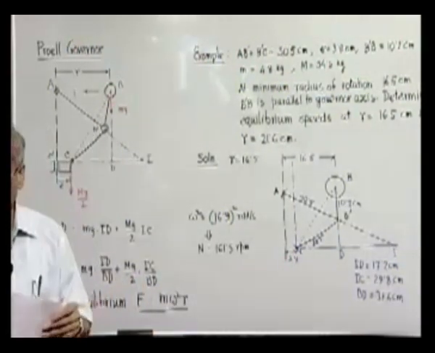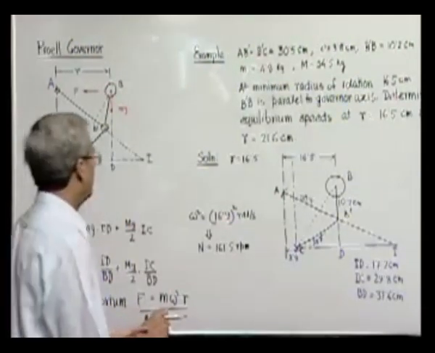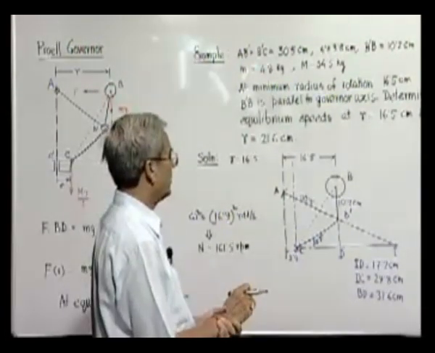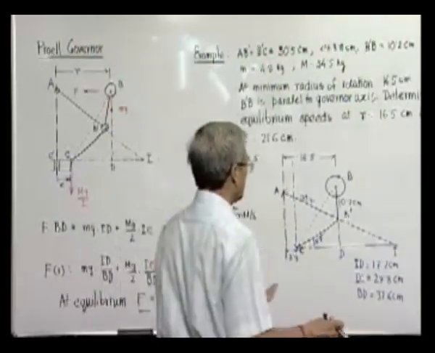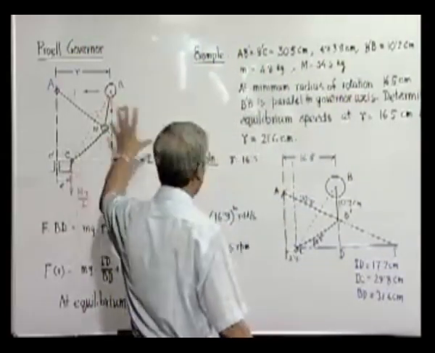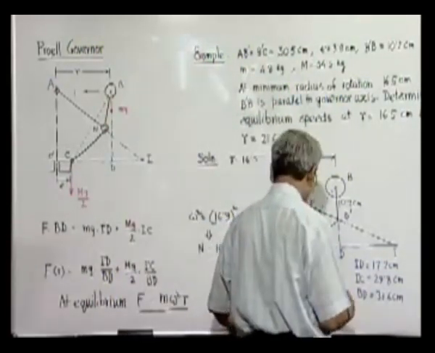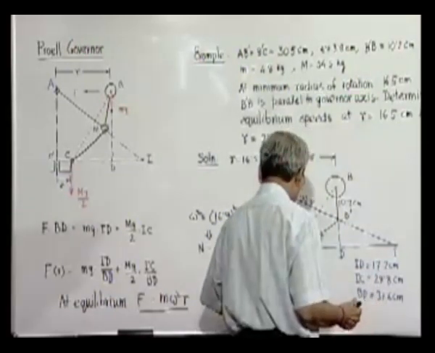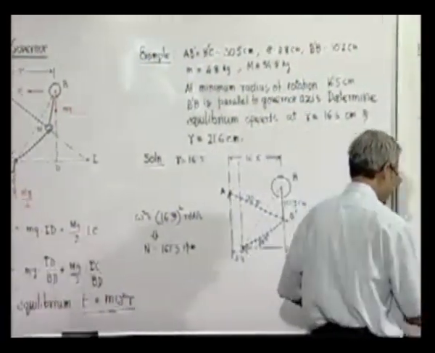I think this will be enough for our discussion of gravity controlled centrifugal governors. Now, next we will go for further improvements. We can see that we have certain disadvantages if we depend on gravity for all our controlling operations. To have large force, we have to have a large mass, it will make the system heavy and so on.